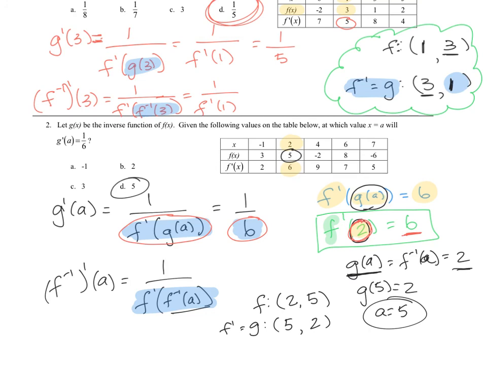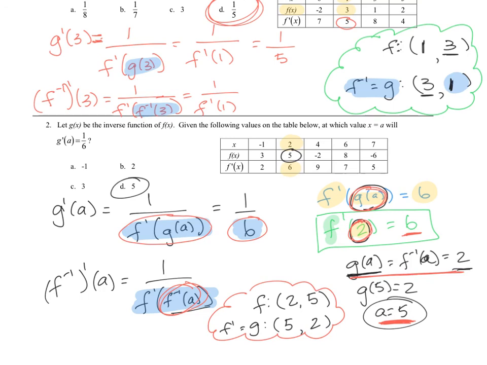The 2 then has to be related to the g of a, or the f inverse of a. That means I have to figure out when g of a, or f inverse of a, is 2. I used the ordered pairs to help me do that, keeping in mind that ordered pairs flip when it comes to inverse functions. I used that idea to help me figure out what the a value should be.